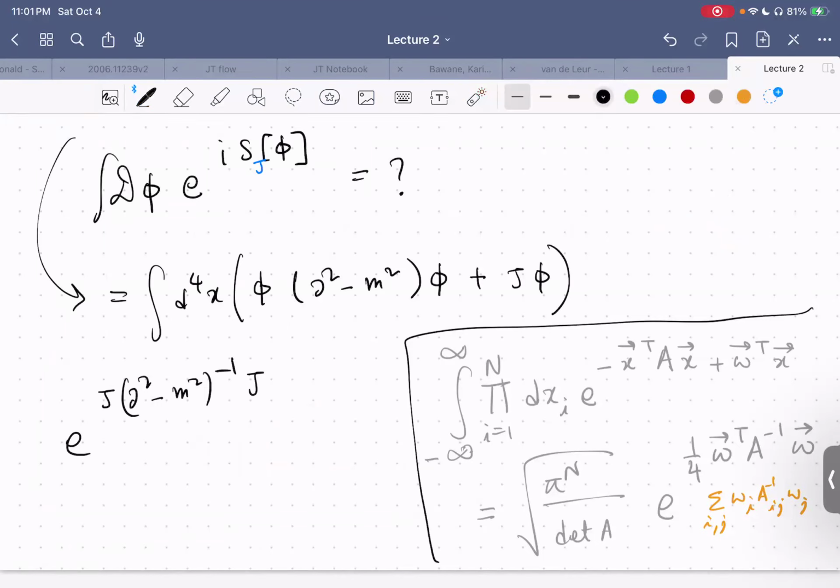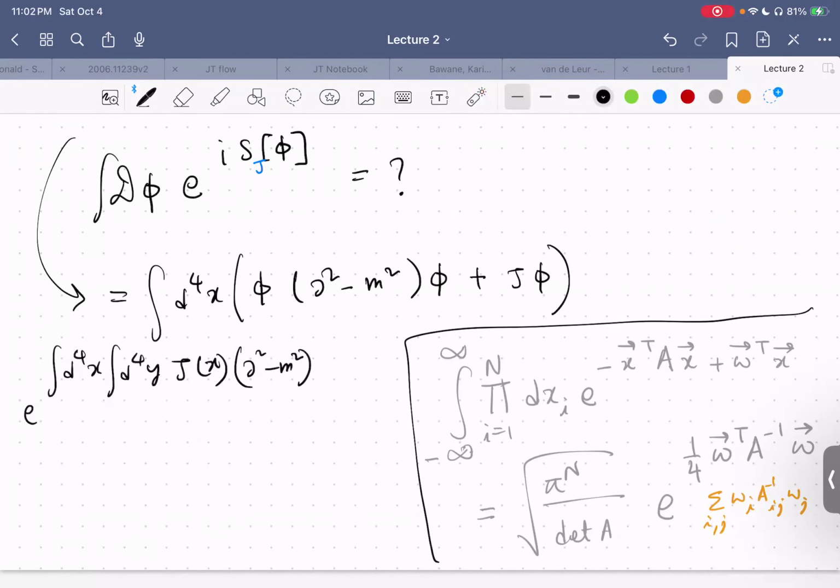But what we should expect is, in general, a double integration, right? Let me try to be a bit more clear. There should be an integration over, say, d^4x, d^4y, J(x), and whatever the inverse of this operator is. And this should depend on both x and y. Let me write it this way.